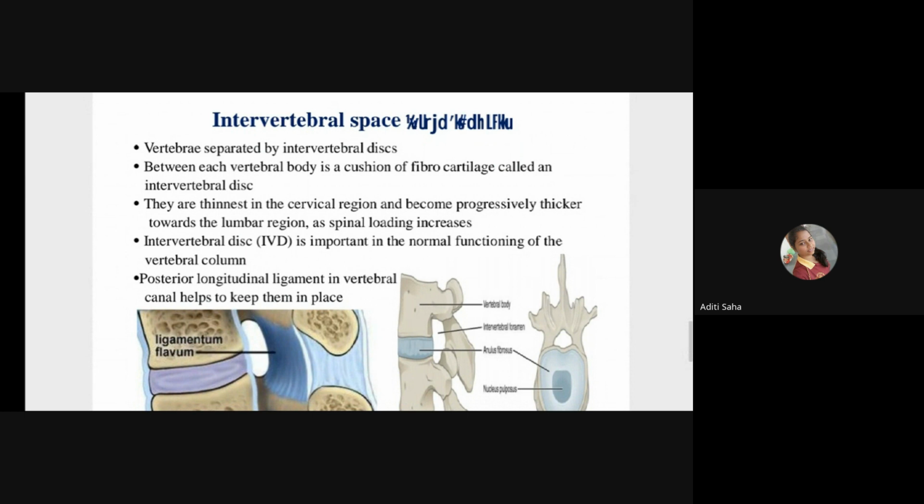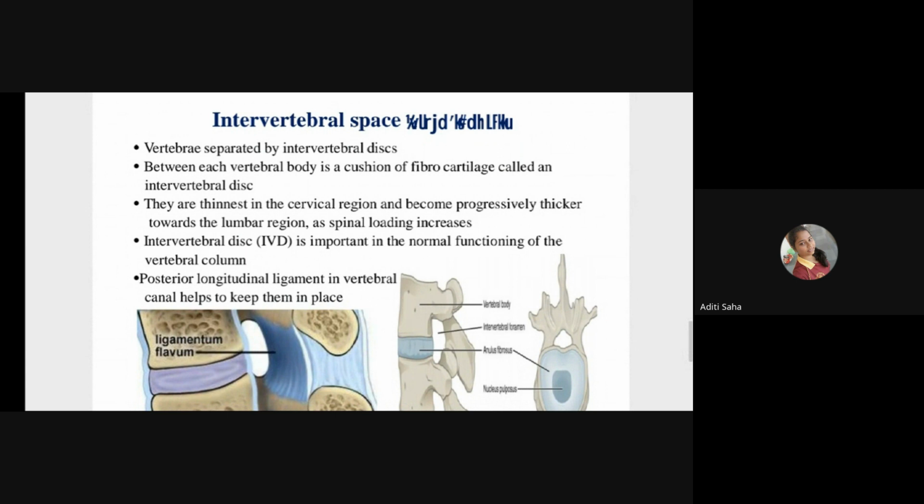It is present throughout the vertebral column, but it is thinner in the cervical region, and as it goes down it becomes thicker. The thoracic region discs will be thicker than cervical, the lumbar region thicker than thoracic.